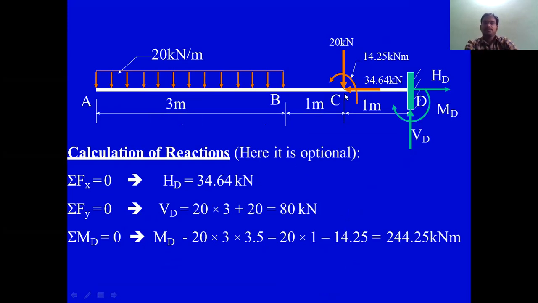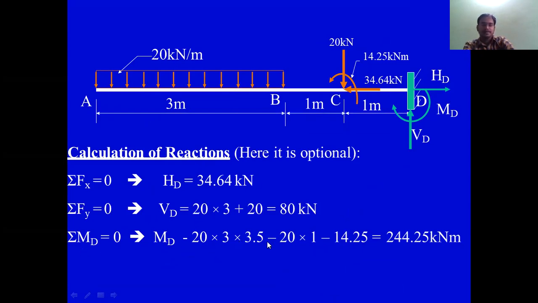Same as before, to find the reaction forces, take horizontal and vertical forces as 0 and find Vd, Hd, and moment about D is 0.